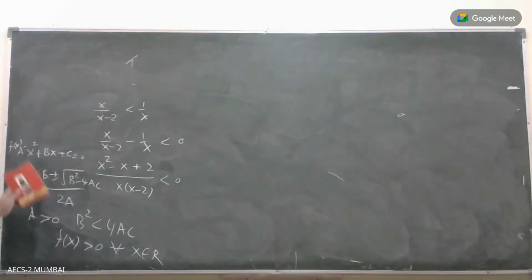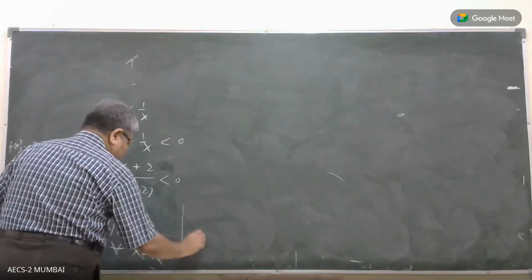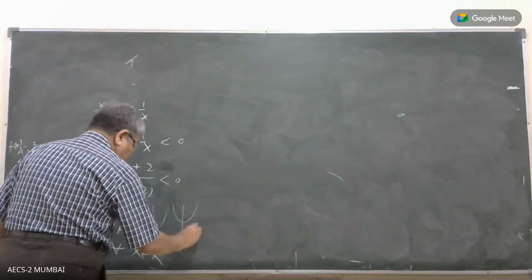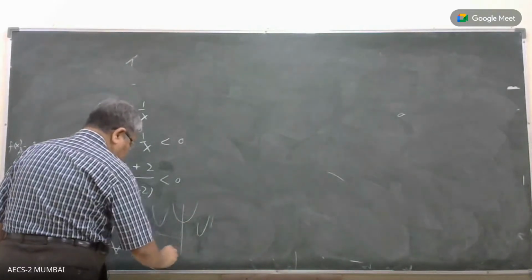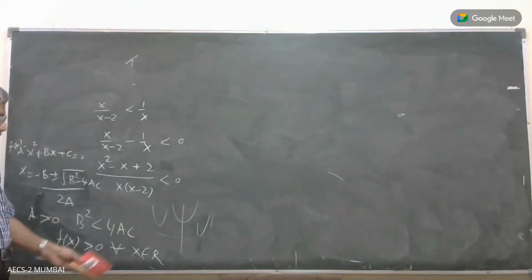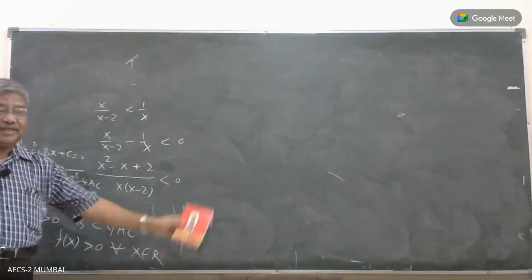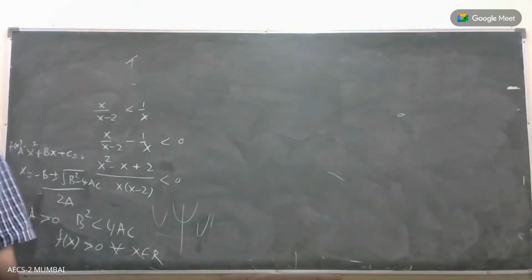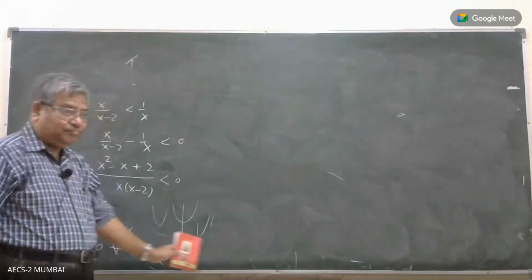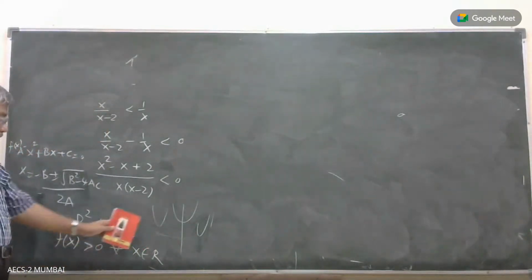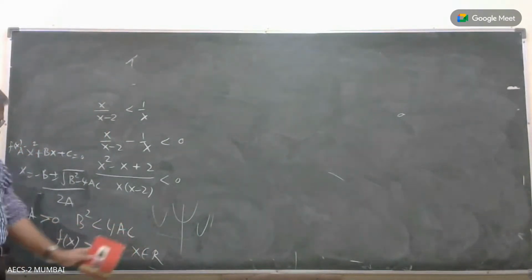That means if you want to plot this function, it goes above the x-axis like this. It doesn't cut. So the roots are non-real. Non-real root means it doesn't cut the real axis. And this f of x is positive definite.